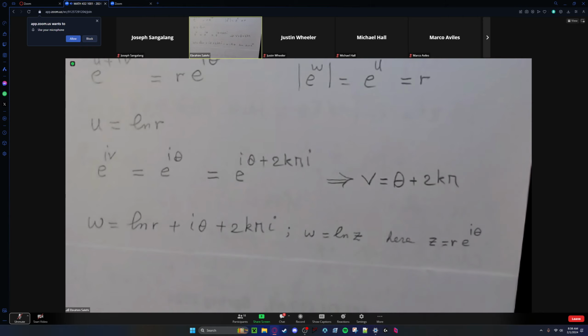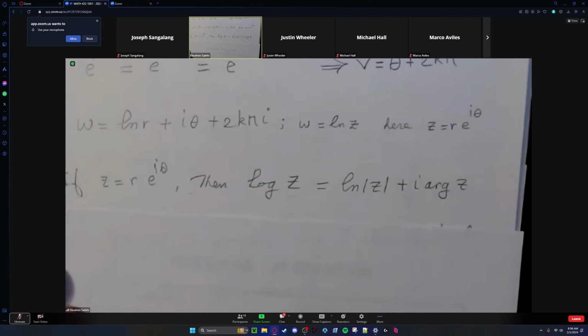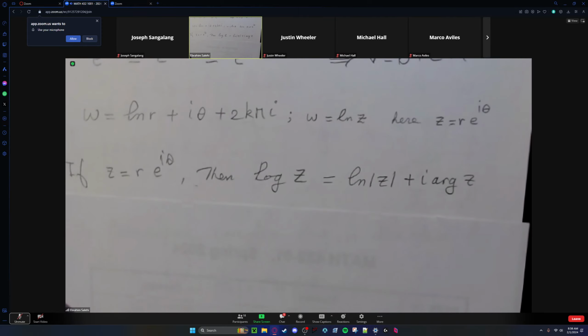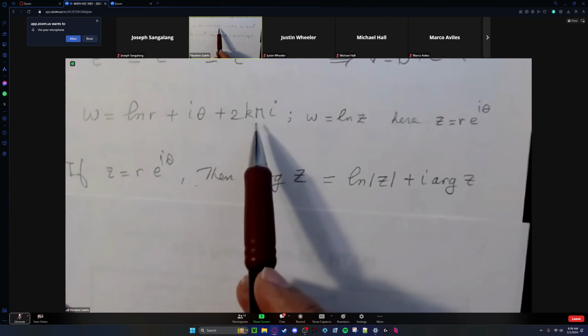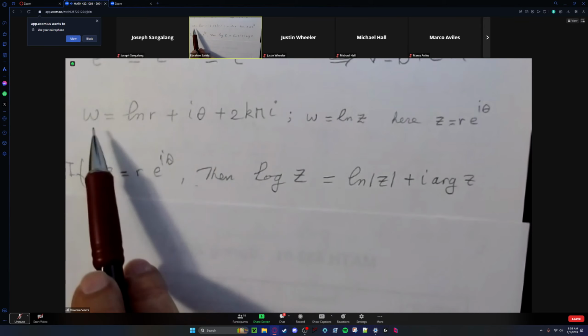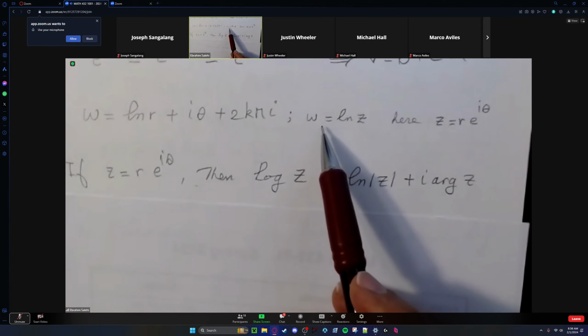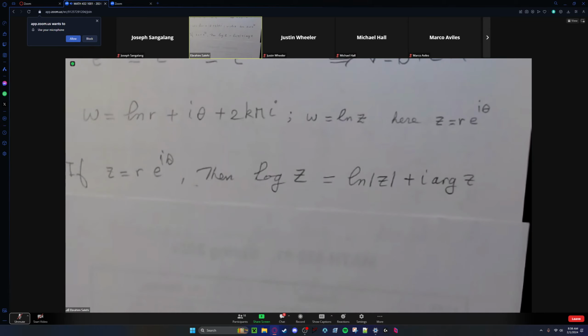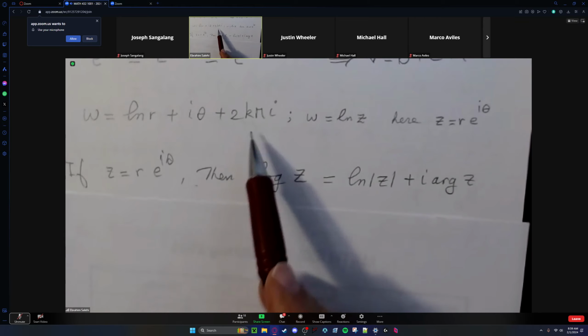In this case, you see, we are going to have infinitely many results for w. So log of z is not a single value, it does not produce just one quantity. It produces infinitely many depending on that k.